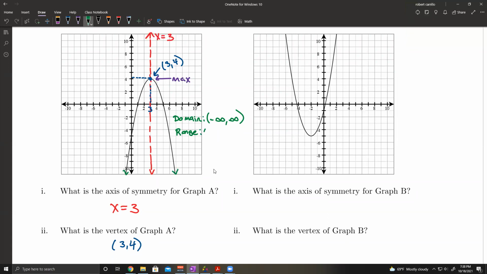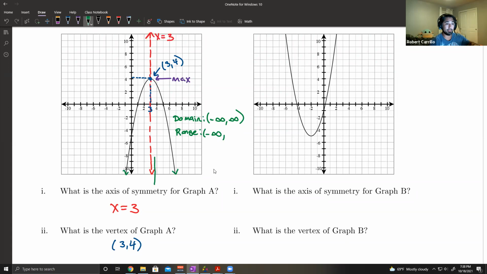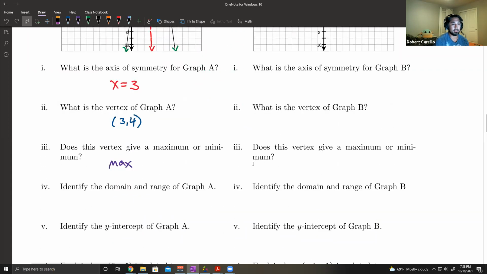Negative infinity. So we start at negative infinity and we come up the y-axis and we have to stop at the y value of the vertex. What is the y value of the vertex? 4. And it's included, hence the bracket. Okay, there's our domain and range. I'll say on graph.